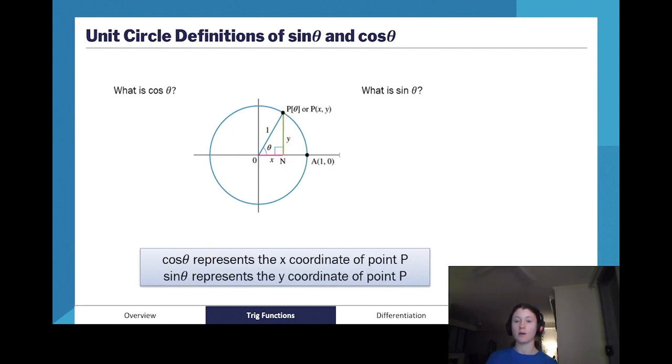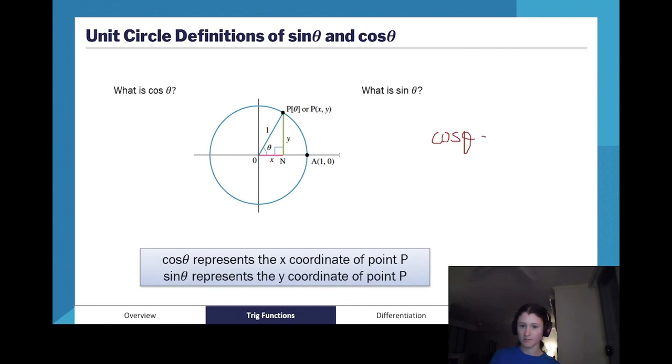This might not seem like it makes a lot of sense at first, right? It kind of seems like you're just saying, well, this is cos and this is sine, and that's just how it is. But I'll actually explain why it makes sense, and it might be a bit of a wow moment for you. Have a think about this.